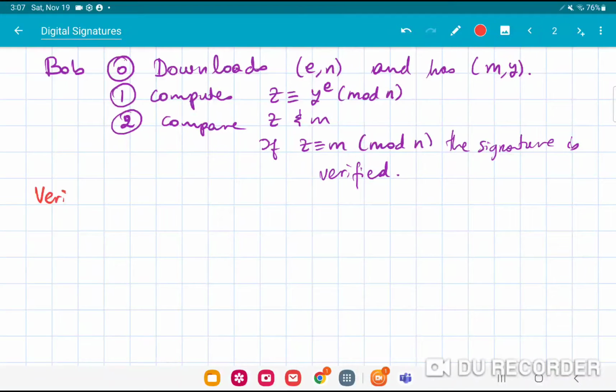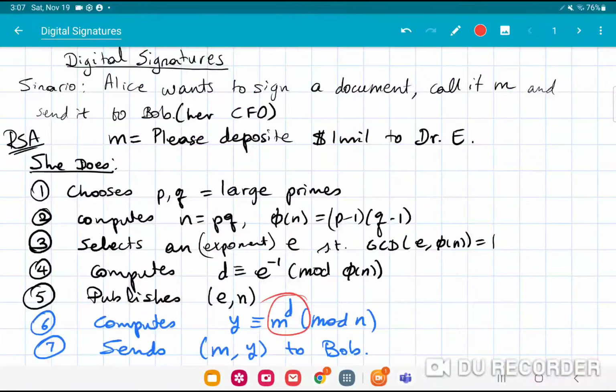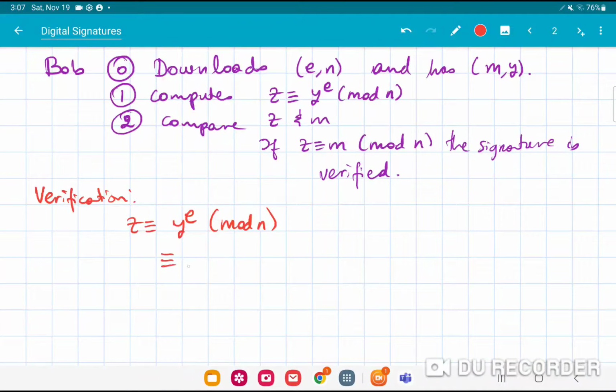So he wants to calculate Z as Y to the power of E mod N. But we know that Y is calculated as M to the power of D mod N. So we're going to replace Y with M to the power of D. So this is M to the power of D to the power of E mod N. This is actually M to the power of D times E mod N.